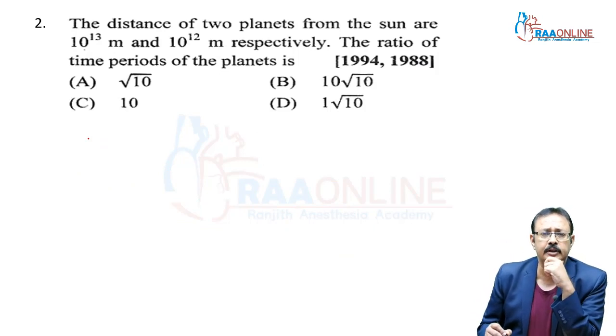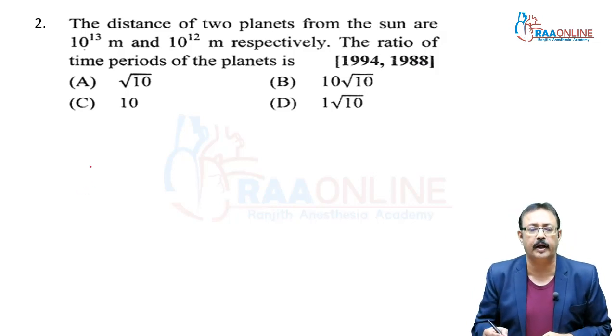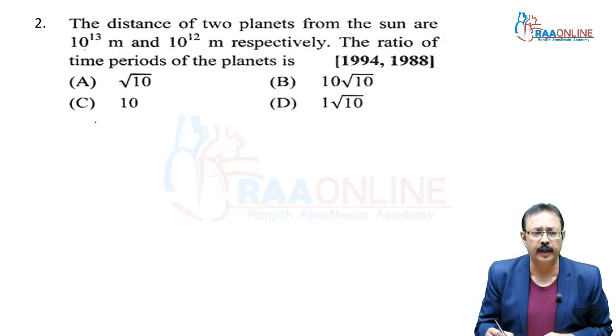Next, the distances of two planets from the sun are 10 to the power 13 meter and 10 to the power 12 meter. The ratio of time periods? Again a problem based on Kepler's law. We know that T square should be proportional to R cube.